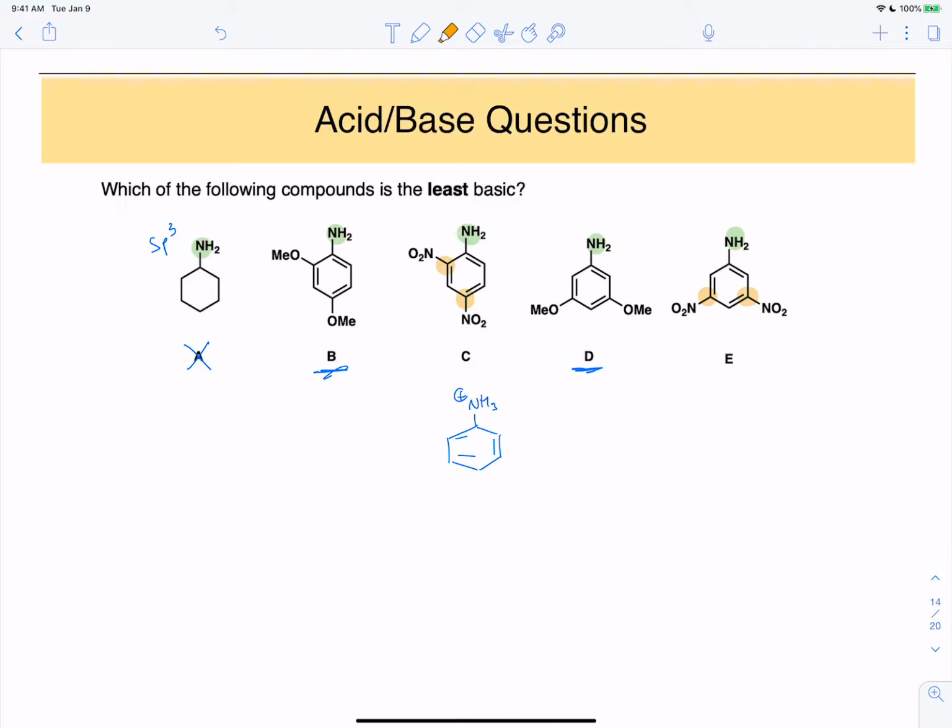This is sort of the barrier that needs to be overcome when one of these molecules is acting as a base. And C quickly stands out because of the relative position of these nitros. Remember, these ortho para positions are somewhat special in that this lets it have resonance communication with the lone pair.